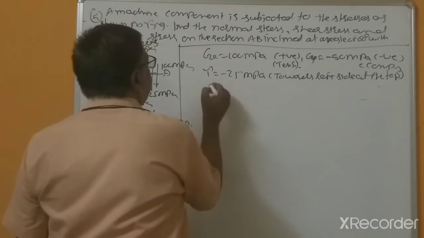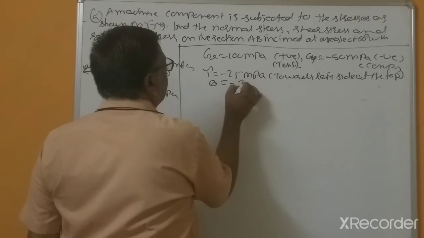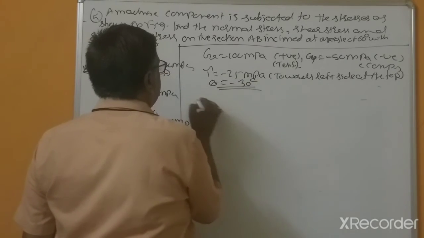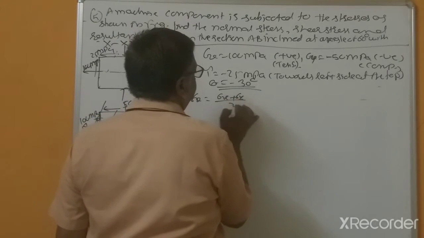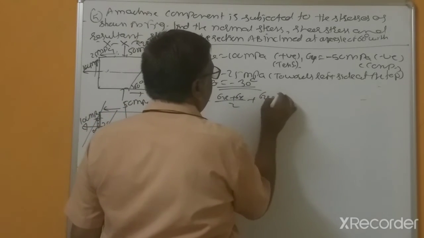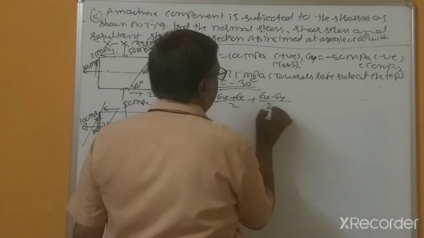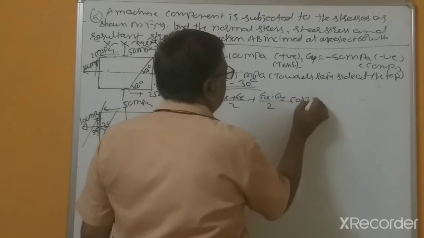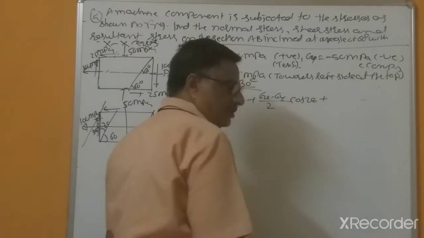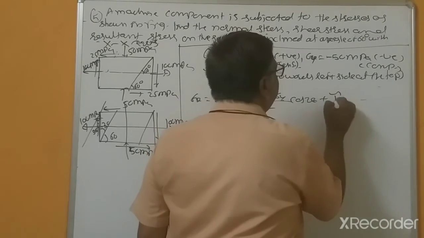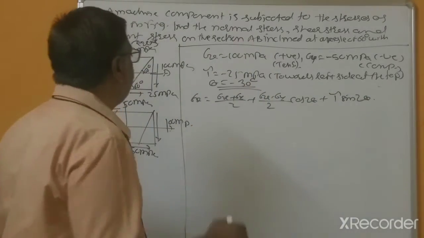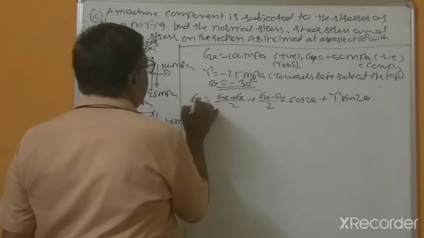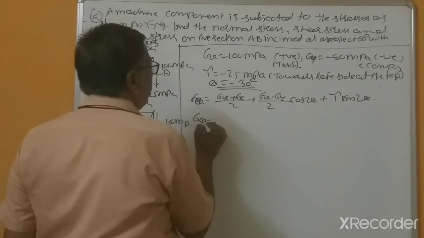Theta equal to minus 30 against sigma x. So this is the normal stress on the oblique plane, sigma theta equal to.